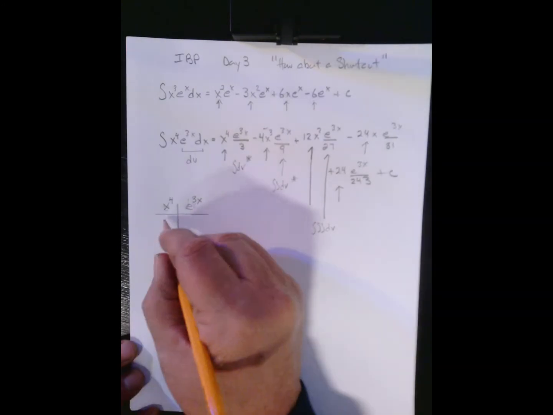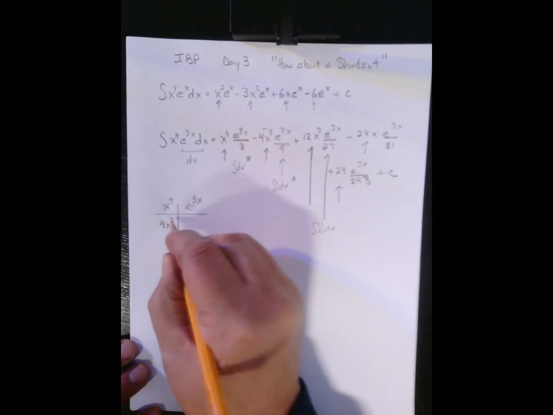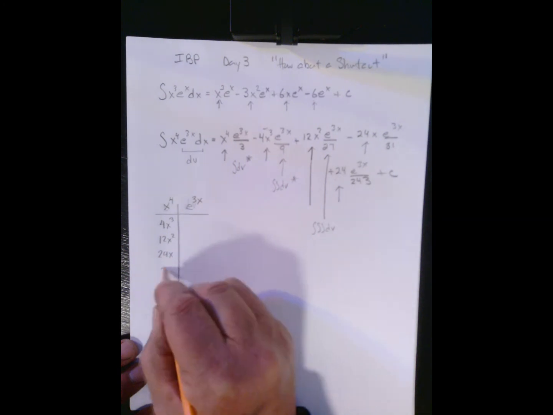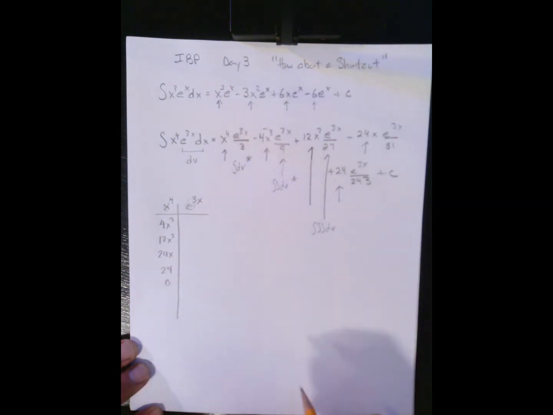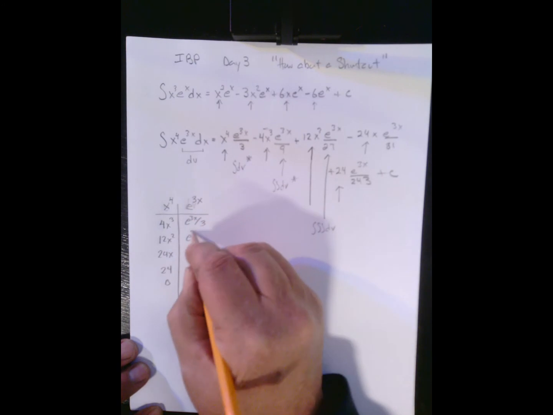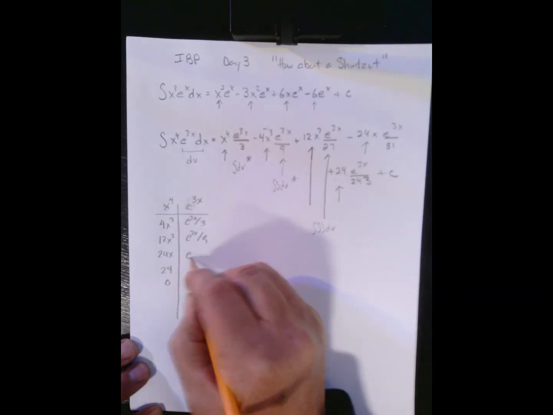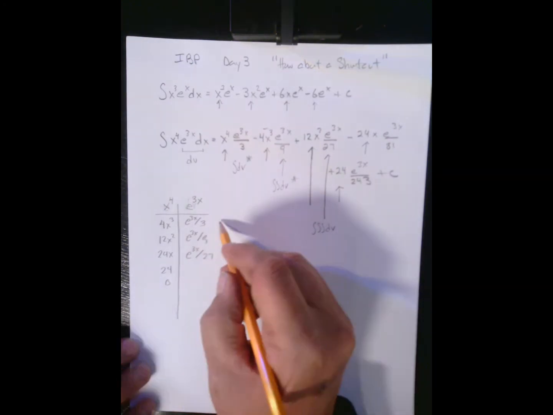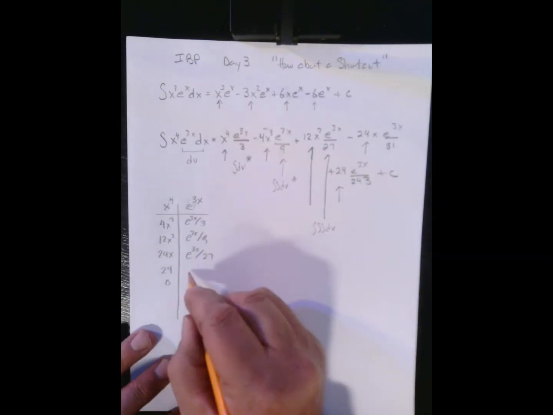Had I gone through and just generated successive derivatives and successive integrals, e to the 3x over 3, e to the 3x over 9, each with a 0 constant, I'm not adding a constant and then integrating that.